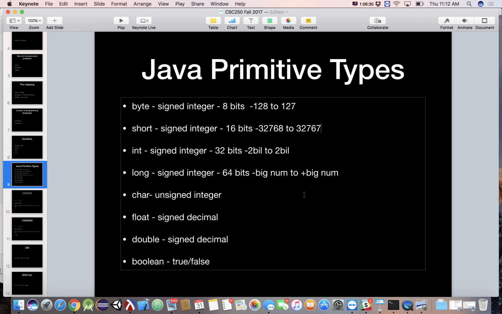But in older languages like C and C++, you can make a double long, which would be 128 bits. So you could hold even 2 to the 127th power, which would be an even bigger number.